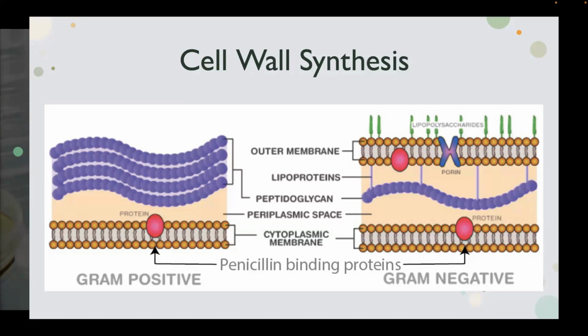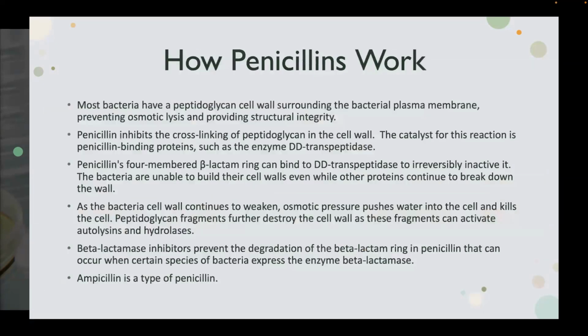That's exactly how it's working. It's inhibiting the peptidoglycan cell wall. The way penicillins do this is through the beta-lactam ring, which binds to those peptidoglycans and disrupts the whole thing.